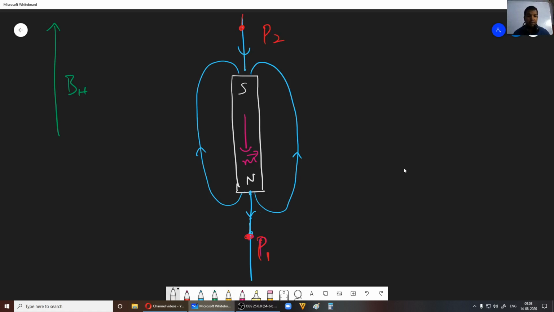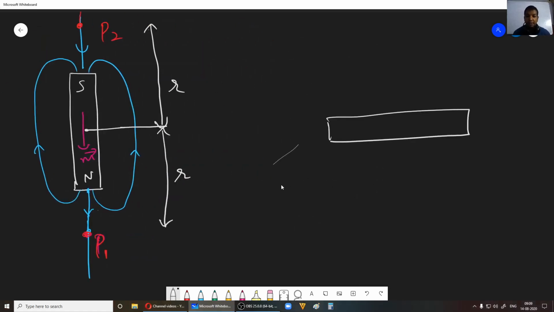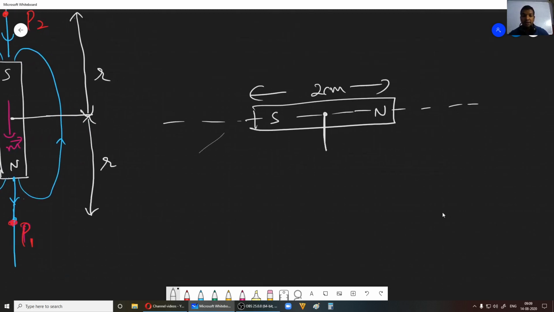Now here, coming to the reference for P1 and P2, let us call it R. One thing you need to keep in mind is that if you have a bar magnet here, say the length of the bar magnet is some 2 centimeter, and you are at a point on the axis at a distance of, say, 10 centimeter from the center towards the right.